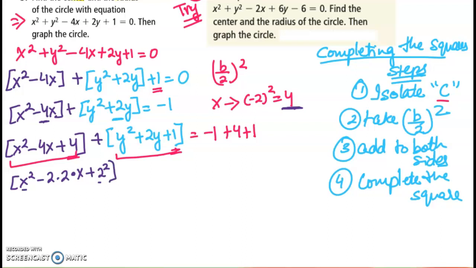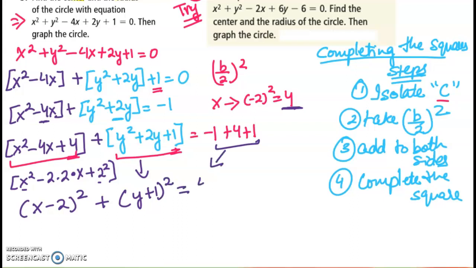I just wrote it so that you can understand it. So my final equation would be x minus 2 squared plus, for this one, it is a squared plus 2ab plus b squared, y plus 1 squared. And if I solve this whole entire mess, I will get 4.